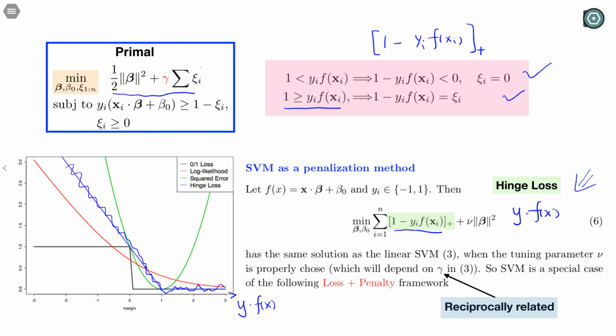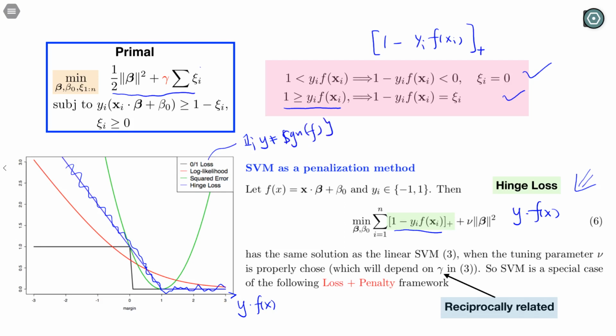Now, the ordinary 0-1 misclassification error loss is the black line, the so-called 0-1 loss, because our loss will be 1 if y does not agree with the sign of f.